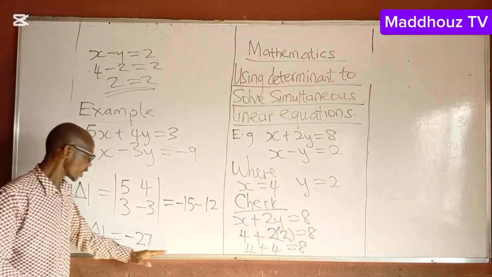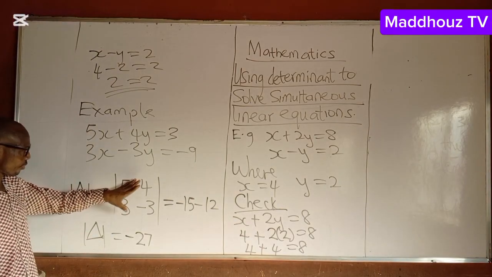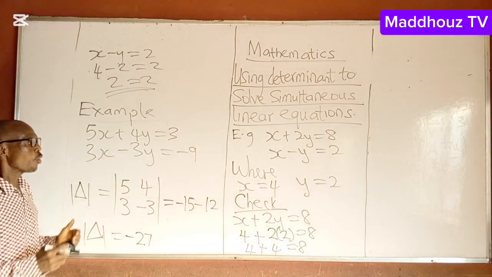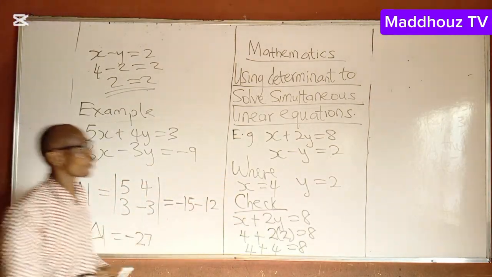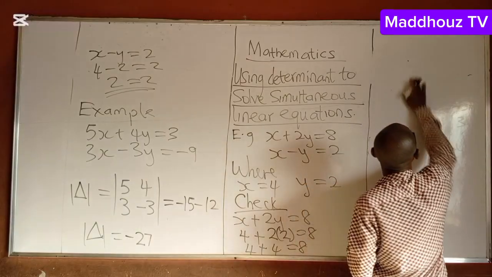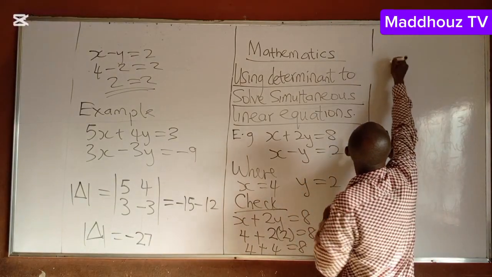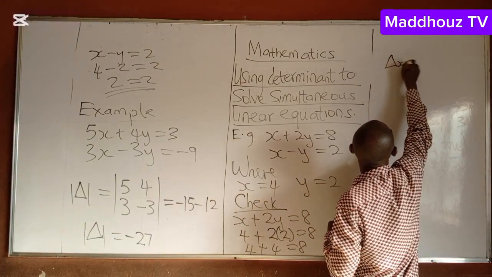So this becomes the determinant. Now, how do we determine the values of x and y? We are going to look for the determinant of x.